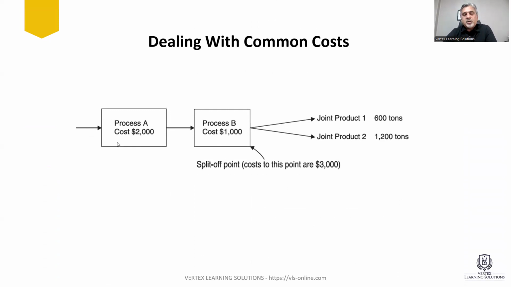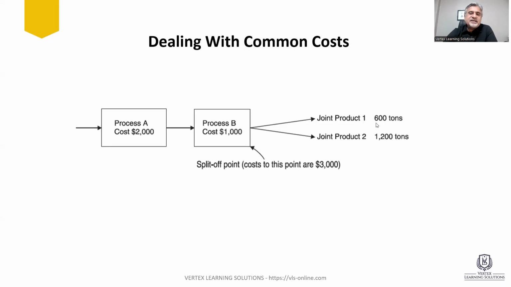Your total common cost is now $3,000. How to split this $3,000 between A and B? Because I am first explaining the physical unit method, the volume-based method, which I said is not recommended, but we have to learn it.